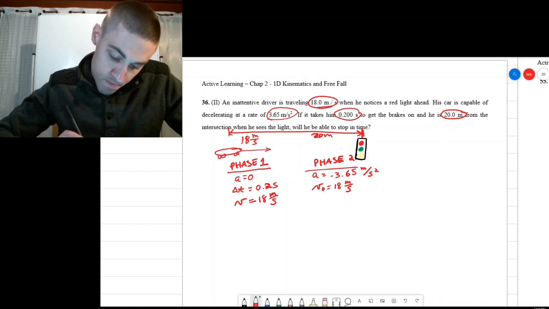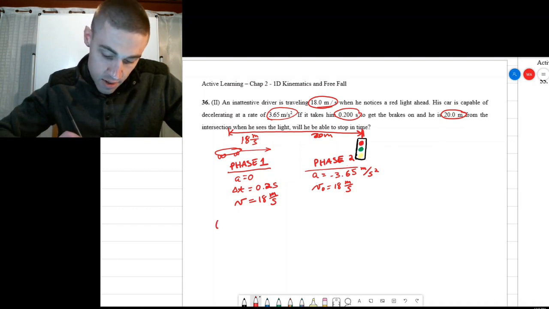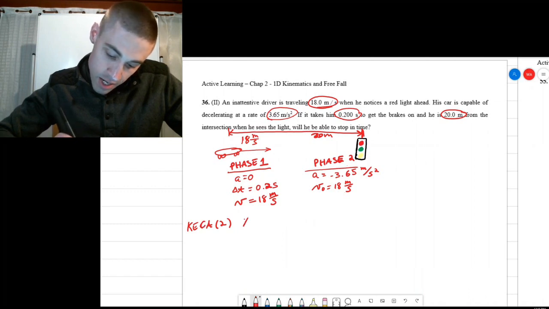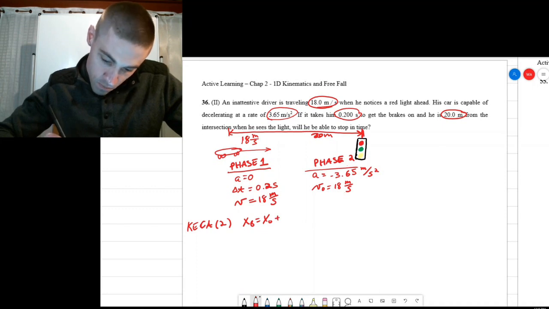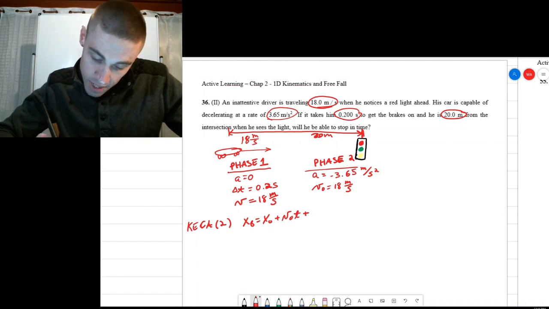So remember, the second kinematic equation at constant acceleration, KECA2, was x final equals x initial plus v0t plus 1/2 at squared.